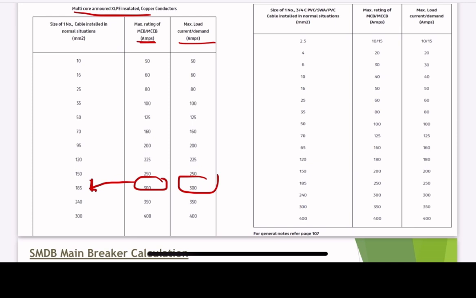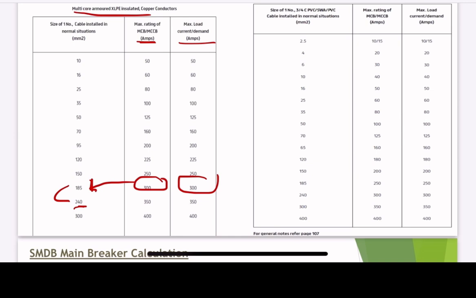But based on the voltage drop calculation, I selected a cable size of the next upper size, that is 240 square mm. I will show you in the next video how I decided to go not for 185 square mm but to 240 square mm. But based on the DEWA chart, you can select the cable size based on the ampere rating of MCCB.